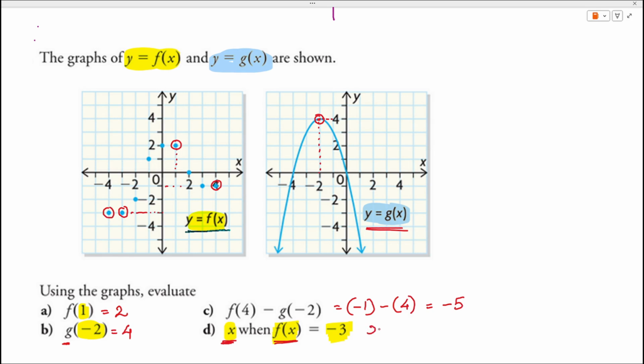One possibility of x over here is -3, and the other possibility of x over here is -4. So part B has two solutions. When x is -3 or x is -4, f of x or y is equal to -3.